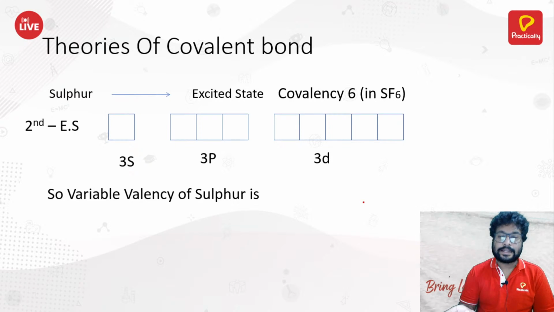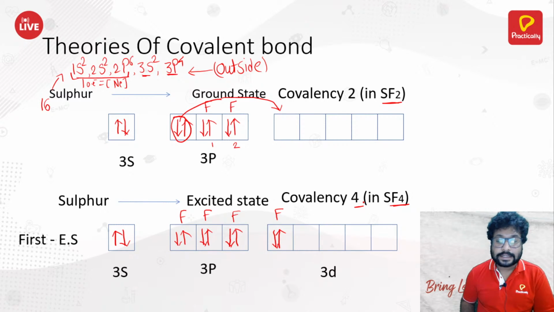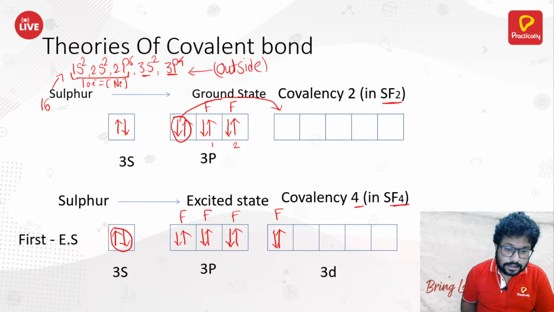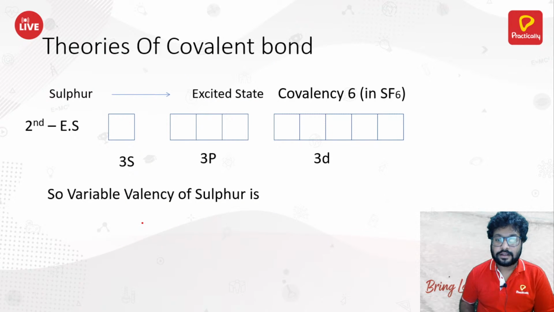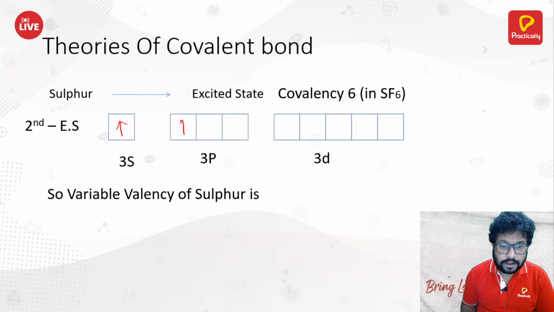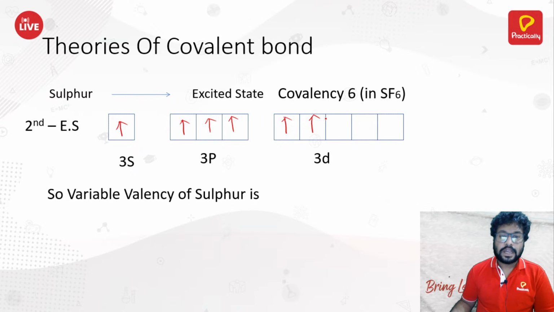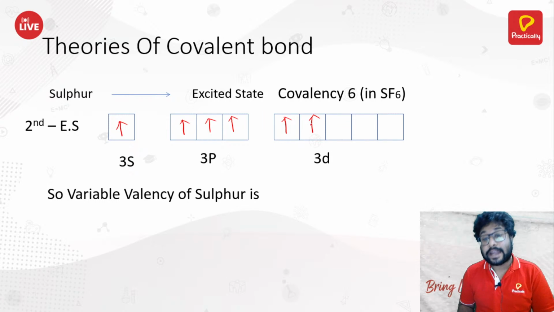See, this is the second excited state. Now, what happens in second excited state? In second excited state, your p is left with no paired electron, right? So now your 3s electron will get promoted. And after promoting, now you have 6 unpaired electrons in the second excited state.